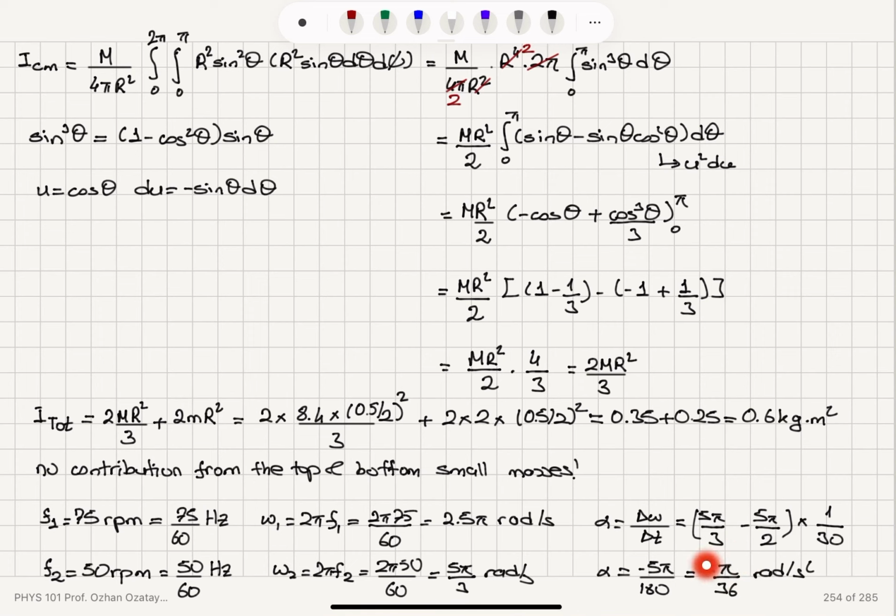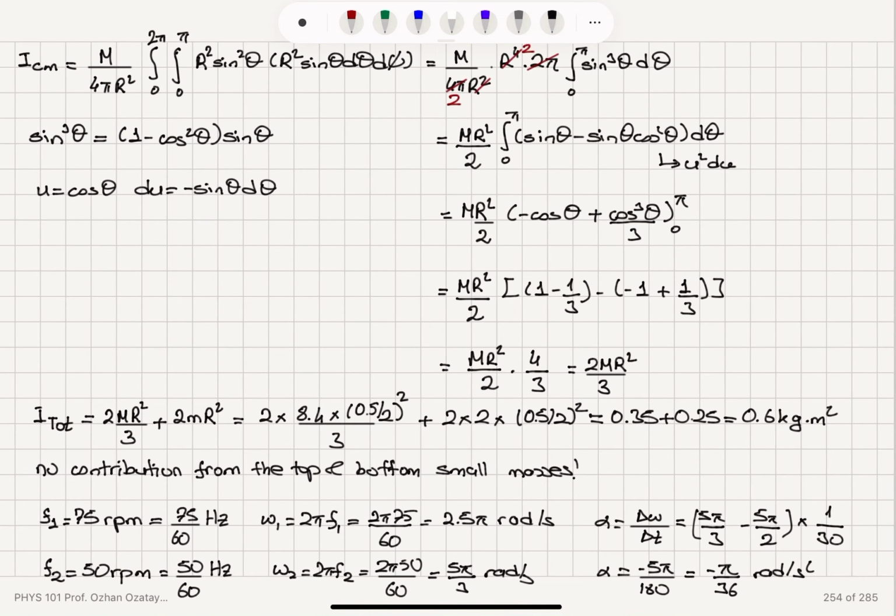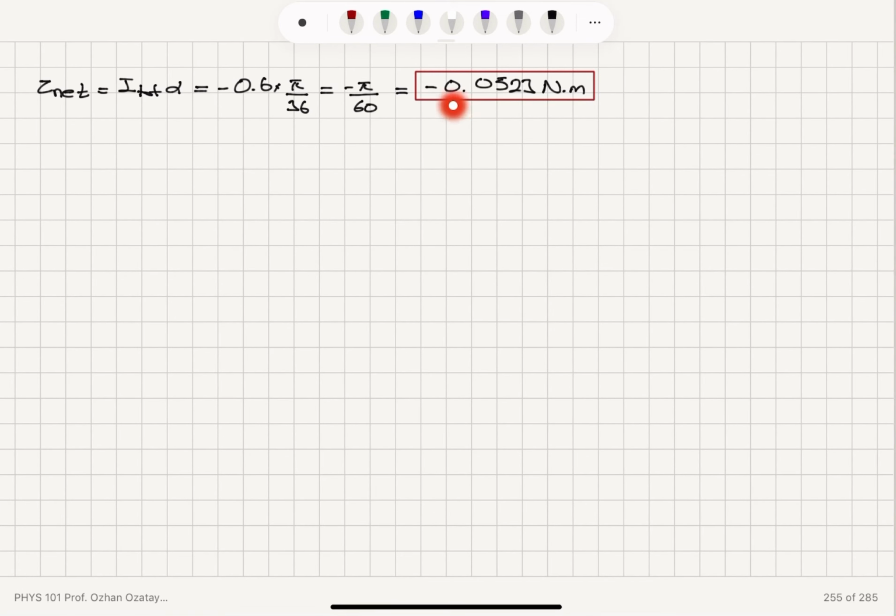This minus sign indicates that it is a deceleration. And the net torque is equal to I alpha, that's minus 0.6 times pi over 36. 0.6 was our total moment of inertia, so we obtain minus 0.0523 Newton meters. So this minus sign indicates that this is basically a friction torque.